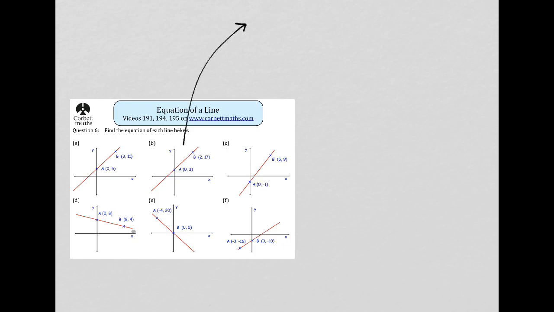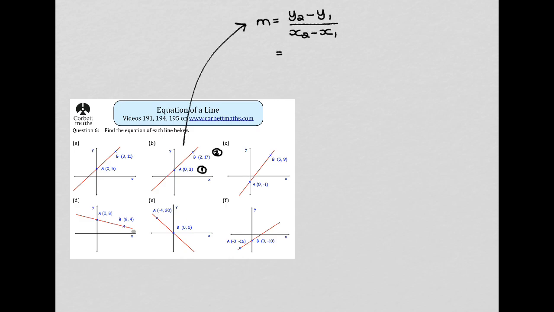Looking at question B now, same thing applies. I'm going to call A coordinate 1. I'm going to call B coordinate 2. If I want to find the gradient, it is y2 minus y1 over x2 minus x1.